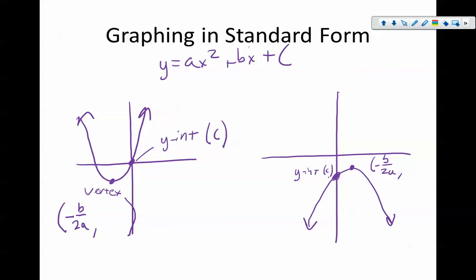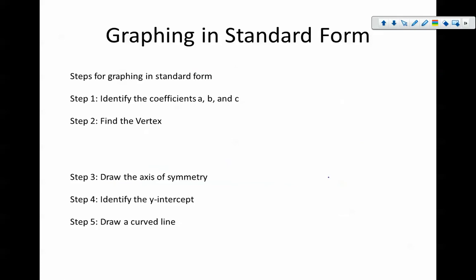So let's go through and talk about a kind of method for graphing something in standard form. We can really do it in 5 steps. First of all, we want to identify the coefficients a, b, and c. So in our equation, what's the a value, what's the b value, what's the c value? We want to identify those things first.